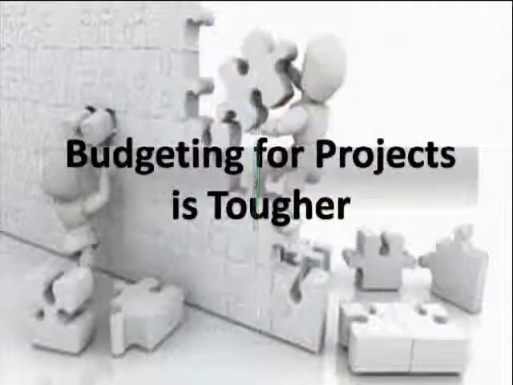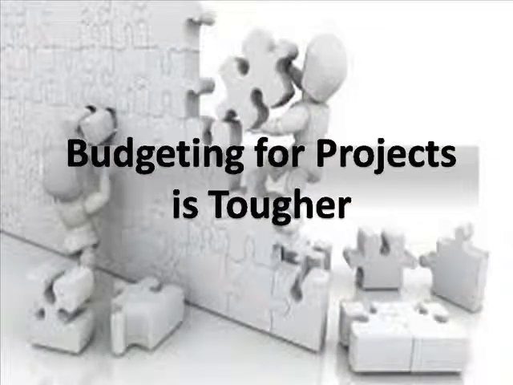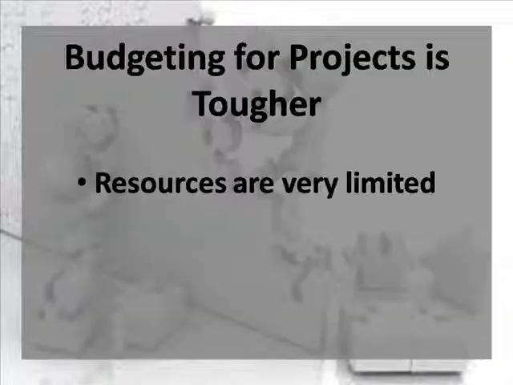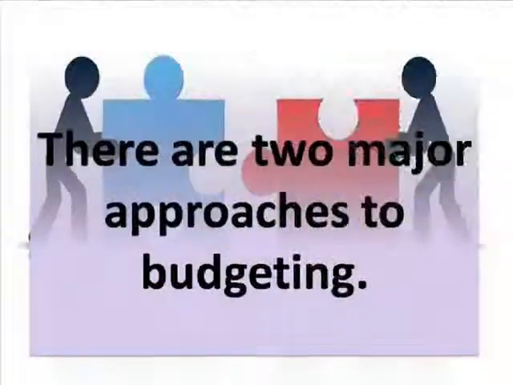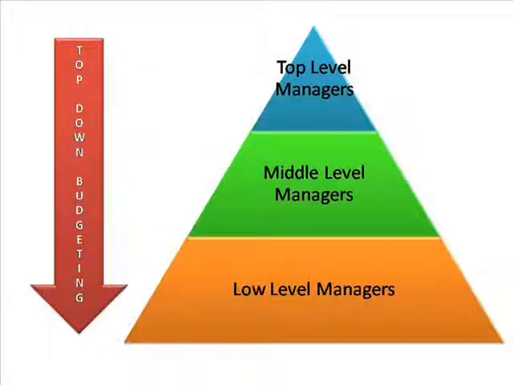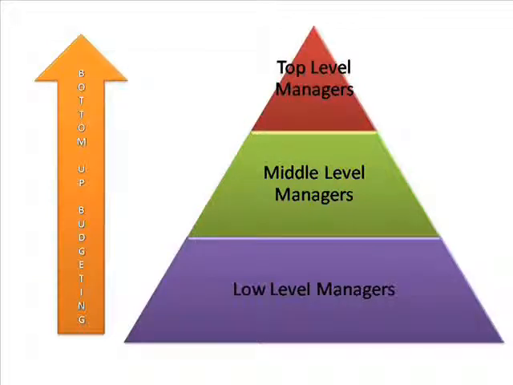Why is budgeting for projects becoming tougher? Simply because the resources are very limited, and we all know that the expense is a major management concern. There are two approaches in budgeting, top-down, and the second one is bottom-up.